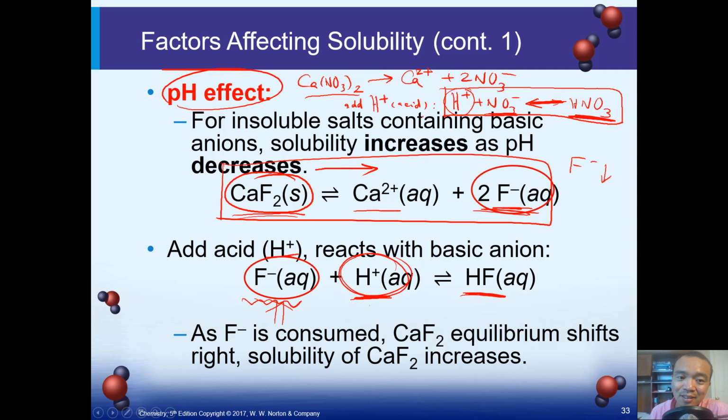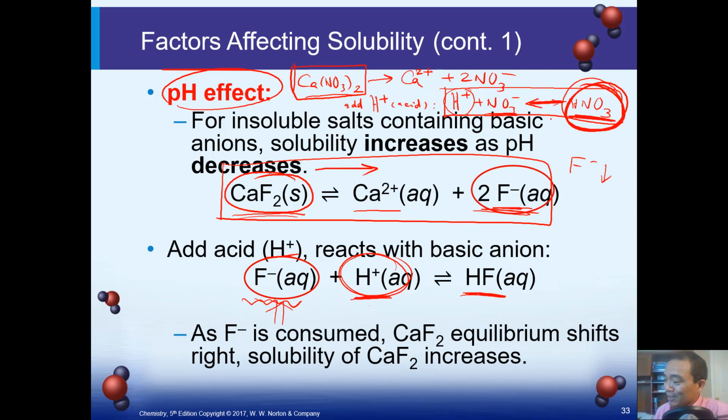So H+, in this case, will not affect the concentration of NO3- or nitrate. In other words, the pH will not have any effect on the solubility of calcium nitrate, because nitric acid is a strong acid.